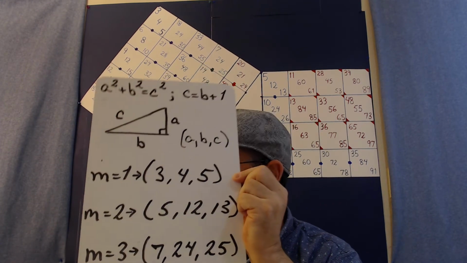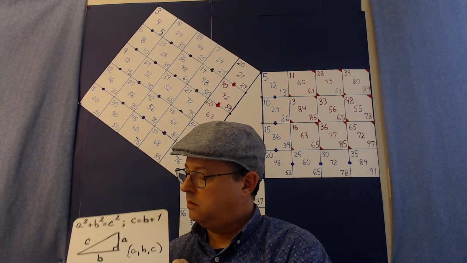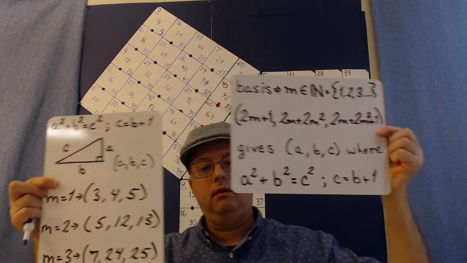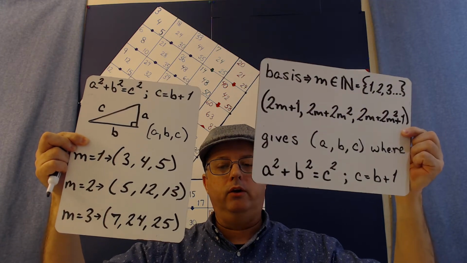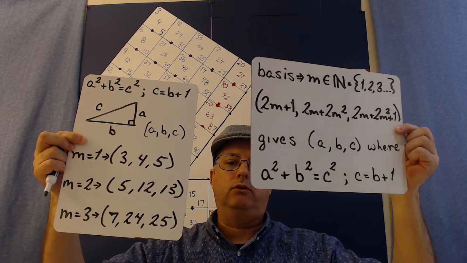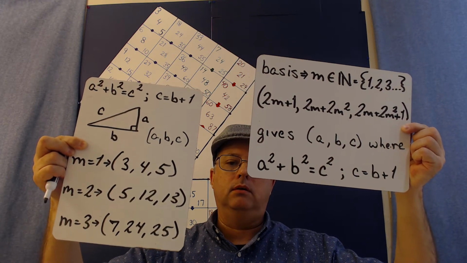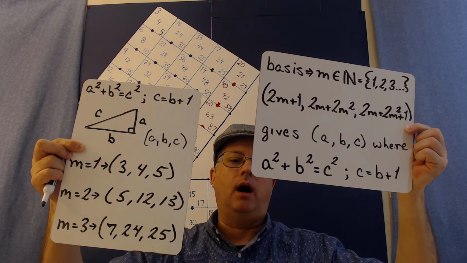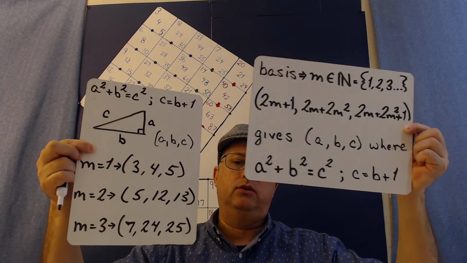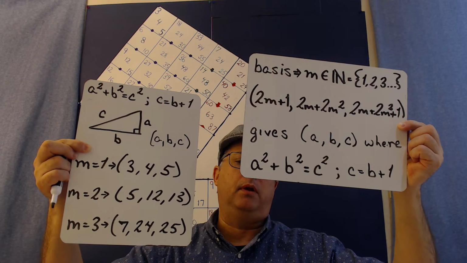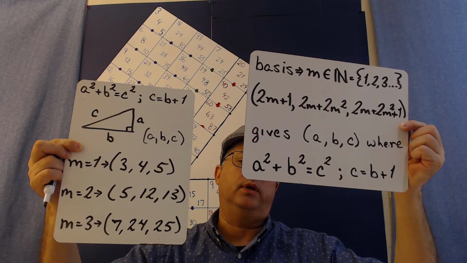So this arrangement with the formula that generates Pythagorean triples has the 2m plus 1 giving us an odd number, like the 3 and the 5 and the 7. And the 2m plus 2m squared plus 1 is also giving us odd numbers, like the 5 and the 13 and the 25.